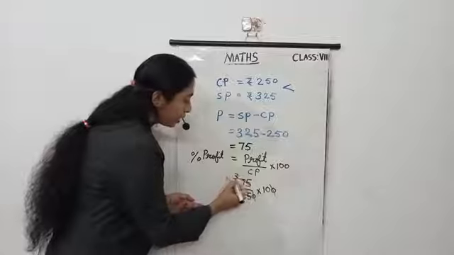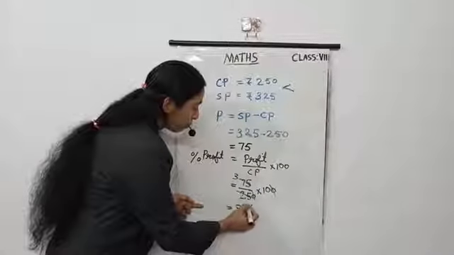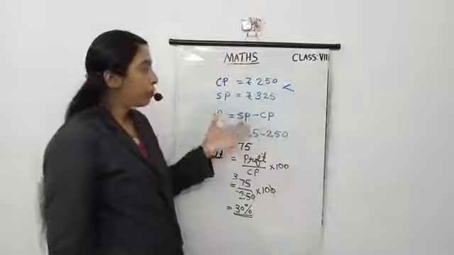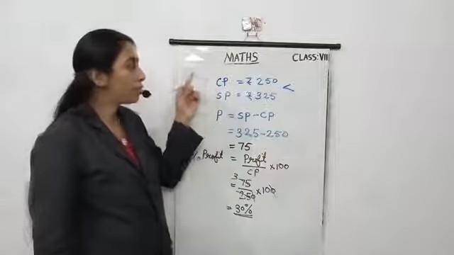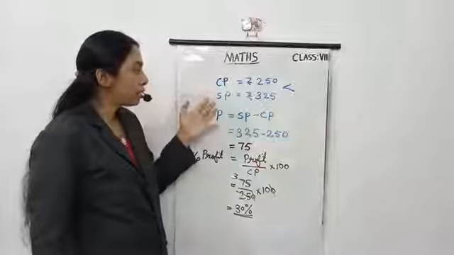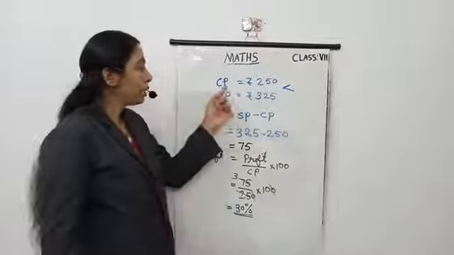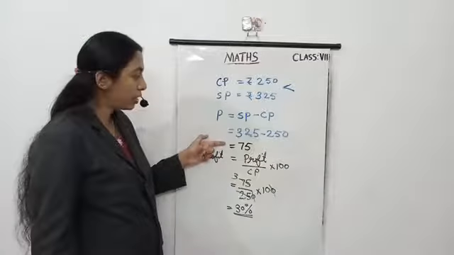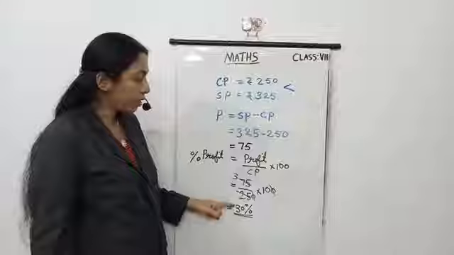Here we get 3, and 3 into 10 is 30. So the profit percentage is 30%. For this type of question, first check whether cost price is greater than or less than selling price. Here CP is less than SP, so profit. Then calculate the profit amount, SP minus CP, then the profit percentage.